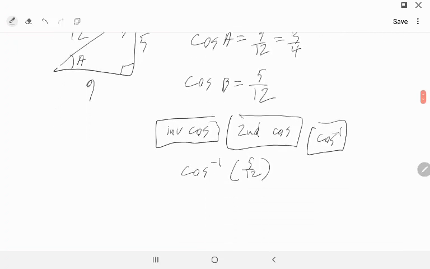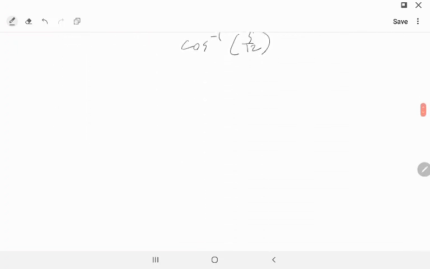So in actual practice, if we were told that the angle is 30 degrees, and we knew that one of the side lengths was 6, it turns out we can use sine and cosine to figure out the rest of the triangle.